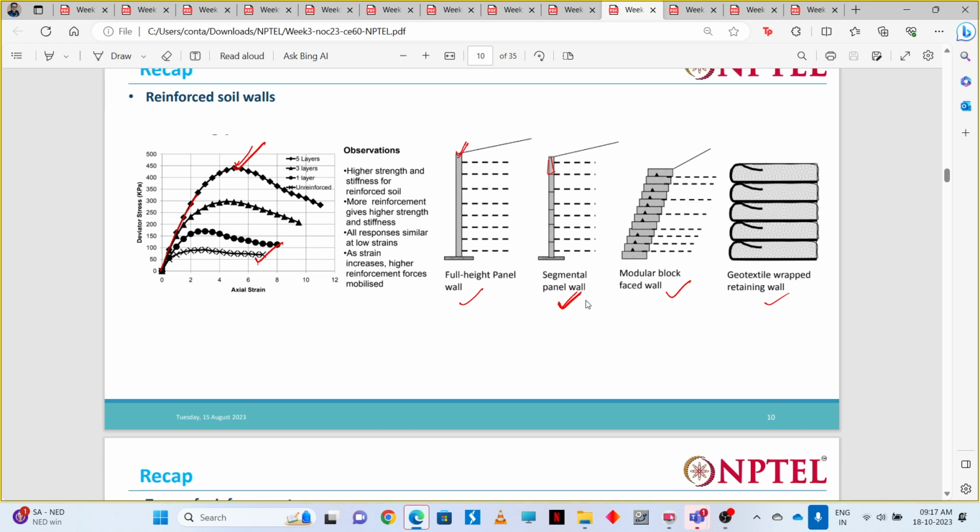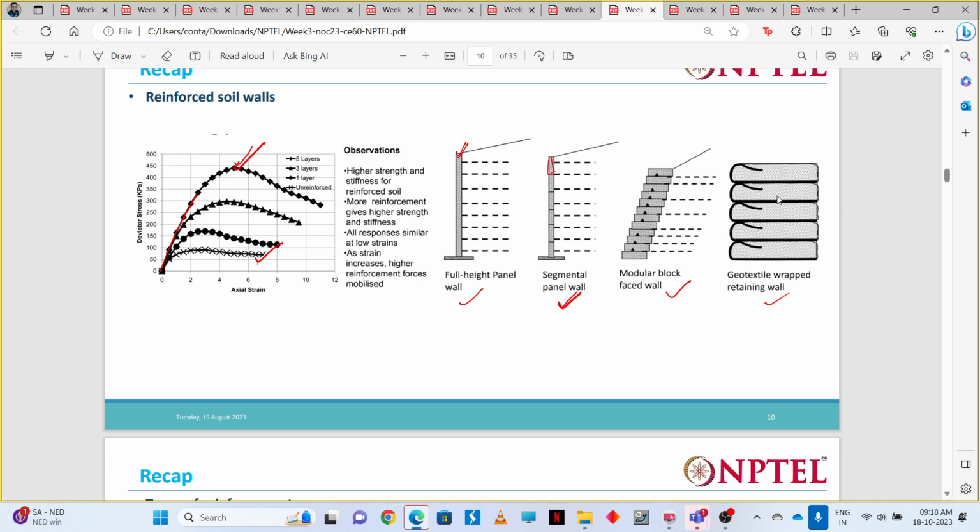Then we have the modular block faced wall, where modular blocks are placed one by one and used to construct the reinforced wall. Then we have the geotextile wraparound retaining wall, where there is no facing. Directly we wrap the geotextile one by one about the soil.